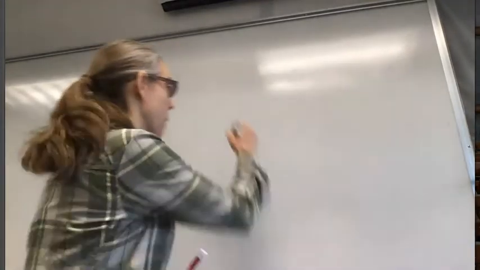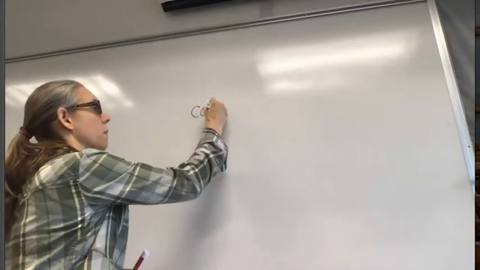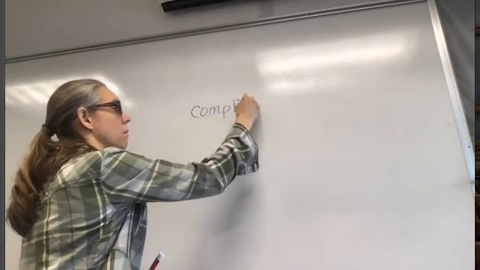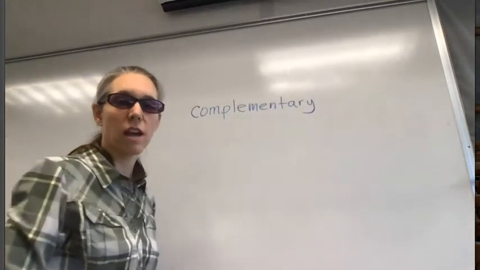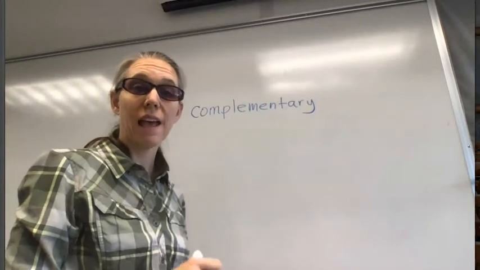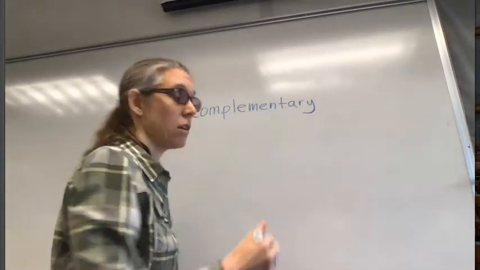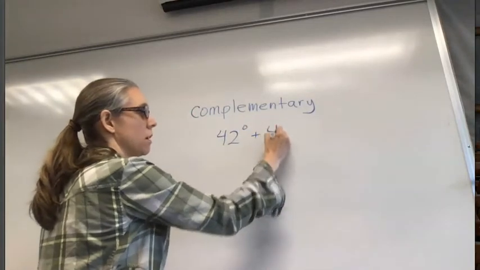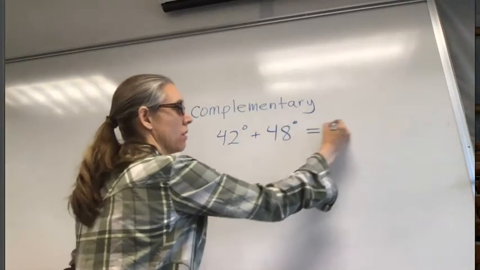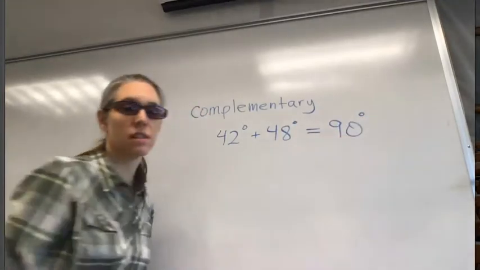The first concept I want to talk about is complementary and supplementary angles. Complementary angles are when two angles add up to 90 degrees. So for instance, 42 degrees plus 48 degrees is equal to 90 degrees.